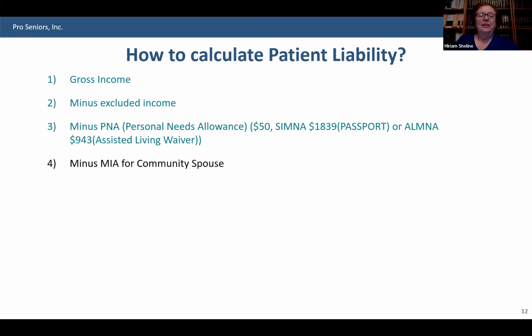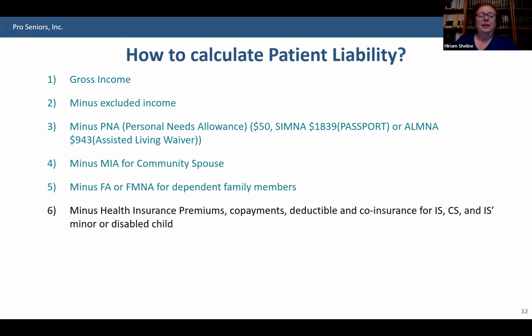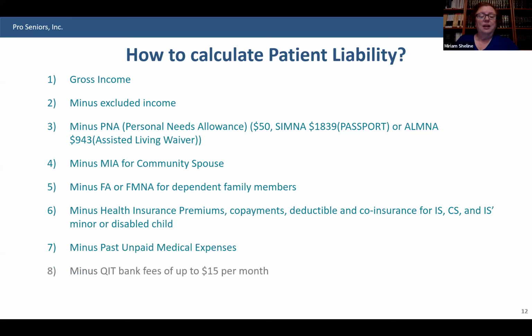Then take off the monthly income allowance for the community spouse. If there are dependent family members, there's a deduction for the family allowance. Now you can deduct health insurance premiums, copays, and deductibles, and you can deduct unpaid medical expenses. And if you have a QIT, you can deduct any bank fees that you incur, up to $15 a month, to come up with what the resident is going to owe in patient liability.